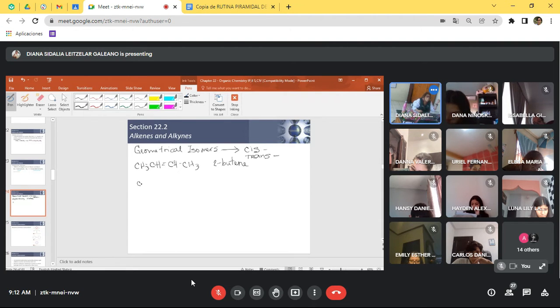This molecule, what is the name of this molecule? It is still 2-butene. The only thing I did was raise the H up, and I could put it also down. It's the same molecule.